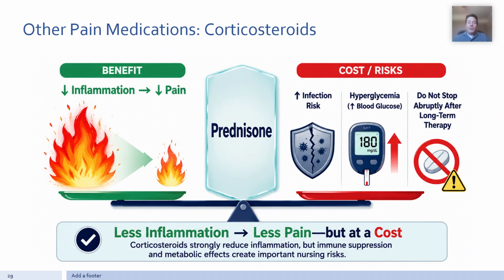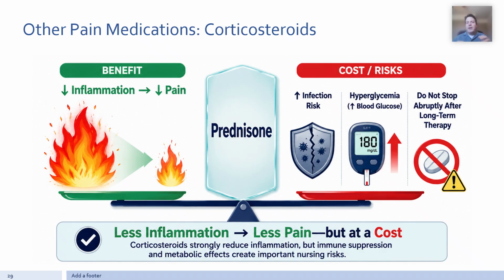Corticosteroids like prednisone are also powerful anti-inflammatory medications, and they can serve as co-analgesics when inflammation contributes significantly to the pain. They suppress inflammatory and immune responses, which explains both their benefit and the risks. And when you think of risk, I want you to think of infection and hyperglycemia as the major nursing concerns.